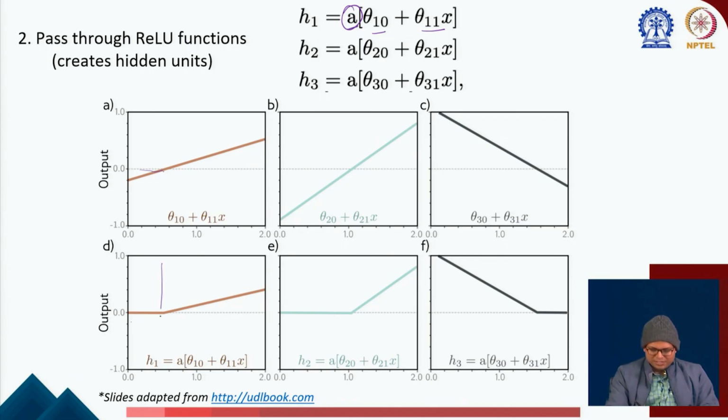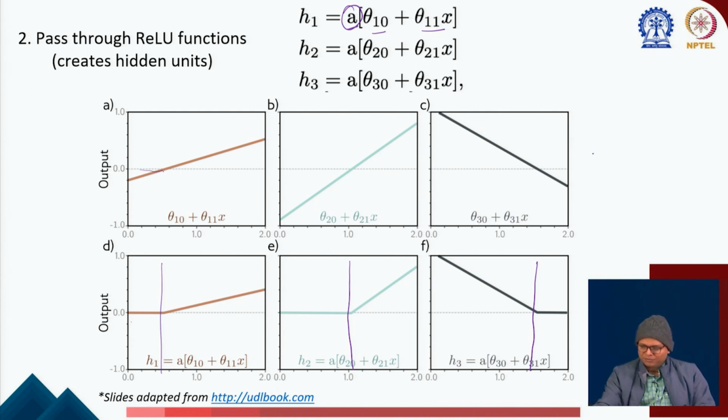One region is 0, another region has some positive slope. Similarly, here 2 regions, and here also 2 regions. So immediately once I apply ReLU, I get 2 regions. So good, this is what will happen.